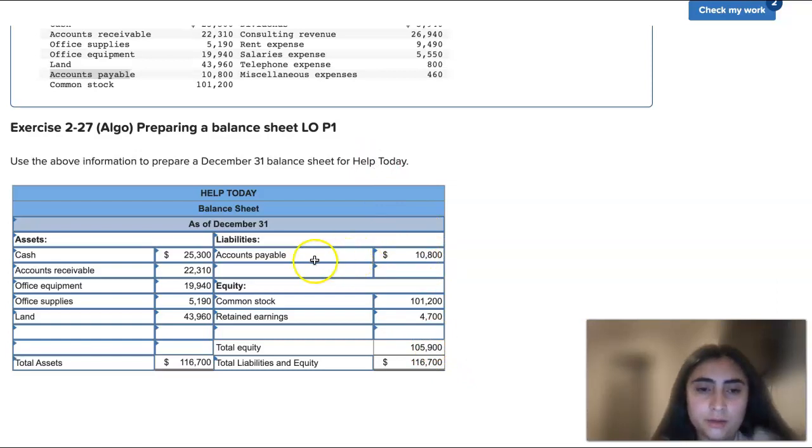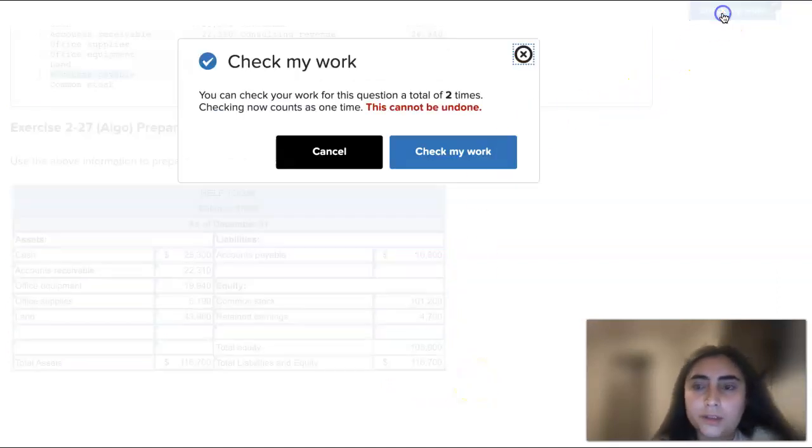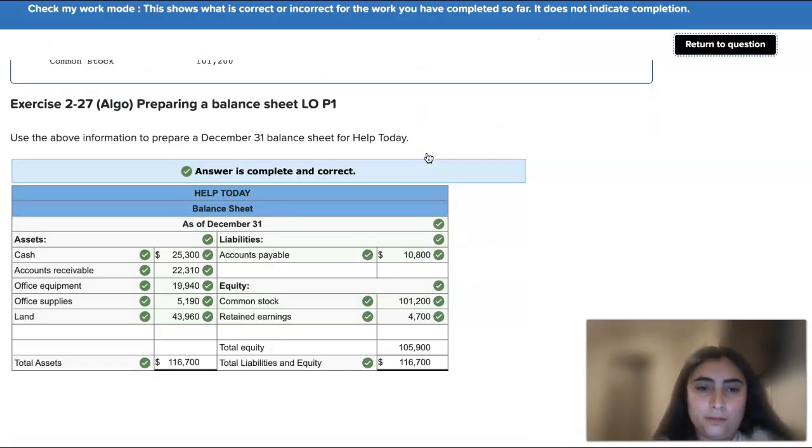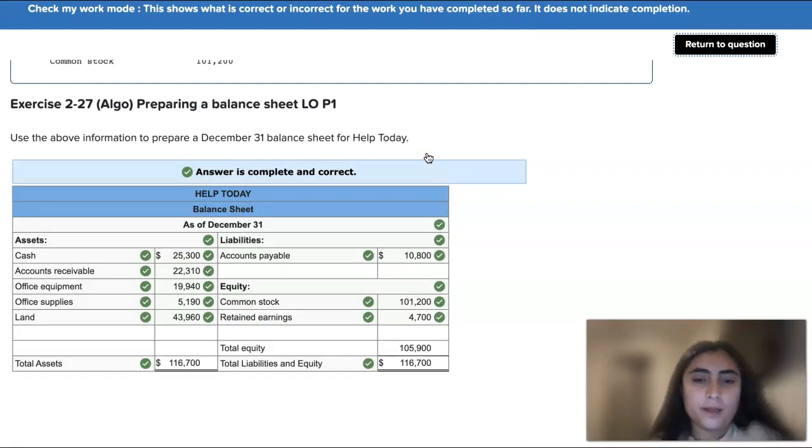In my case, total liabilities is 10,800, and total equity is this amount of money. We sum that up, and it gives us the total liabilities and equity. So I'm going to check my work, and there you go. Answer is complete and correct.